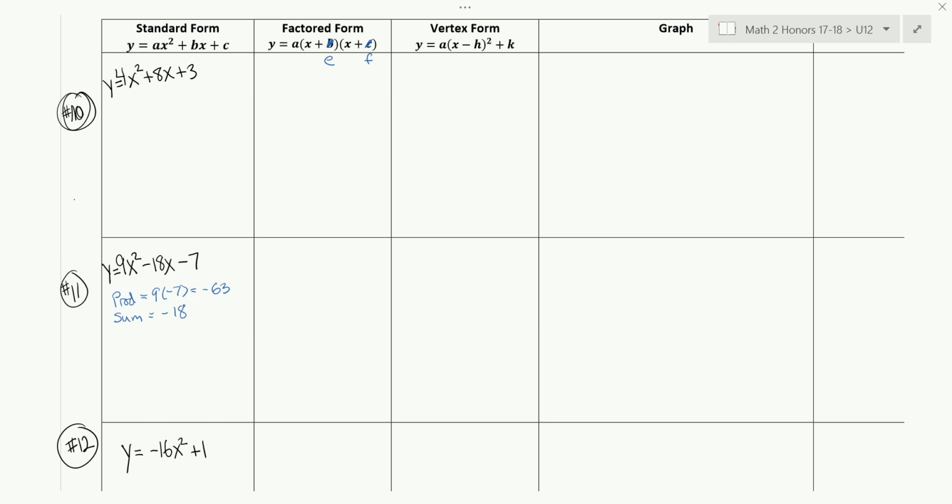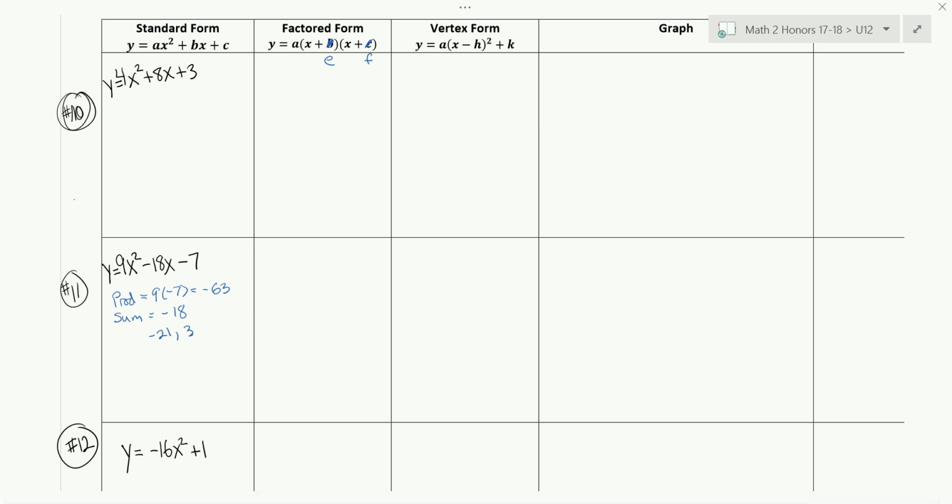Okay. So -21 and 3. Did anybody have trouble finding this? Everybody's good with that? Okay.